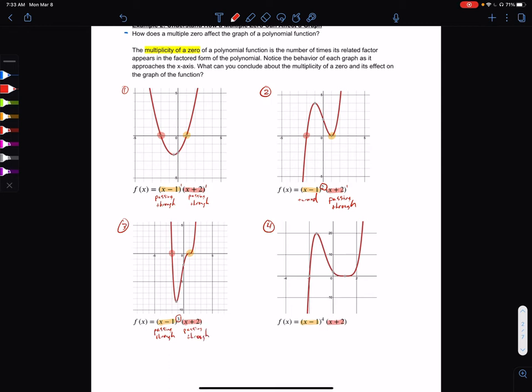And then finally, graph 4, x minus 1 now has a multiplicity of 4. And if we go to that zero, which is here, again, the actual shape of the graph there is changing. It doesn't quite look like examples 1, 2, or 3. However, we can see that we're turning at that point.